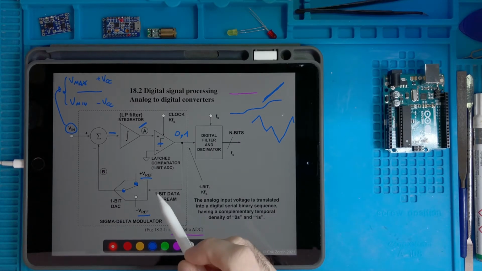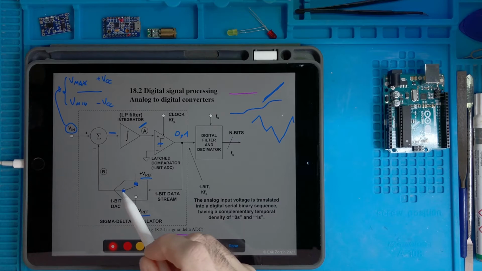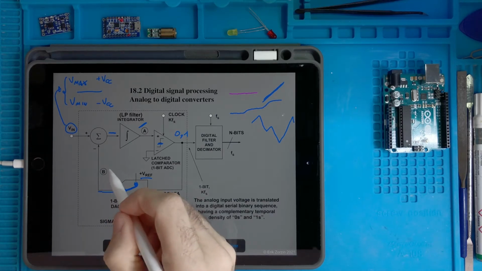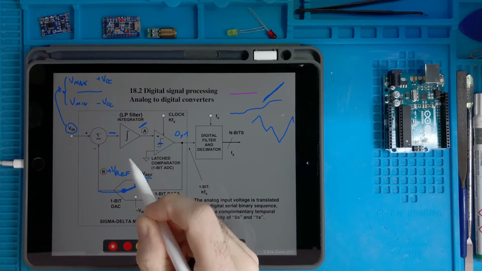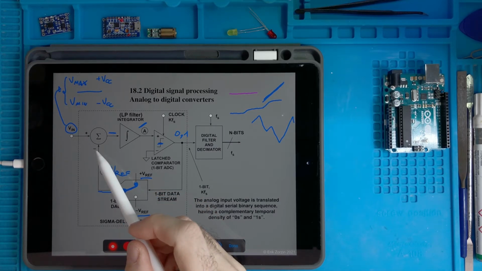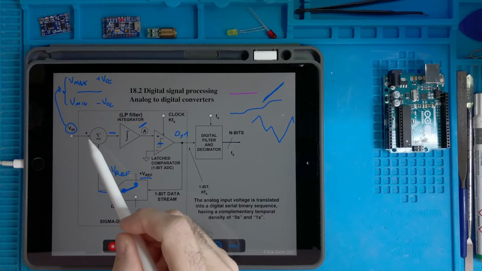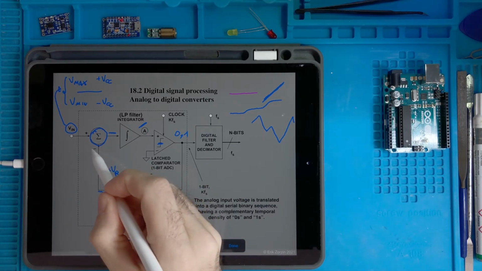So if the 1 makes this switch go to the plus, then at the input B we have plus Vref, the reference voltage, and this is subtracted from the V input by this summing node with this negative weight.